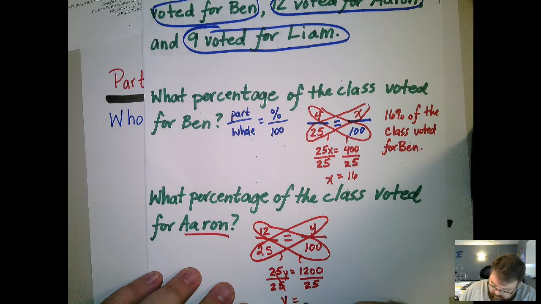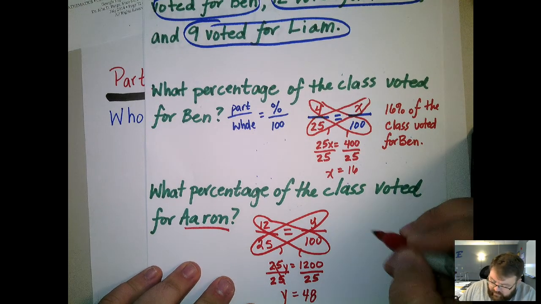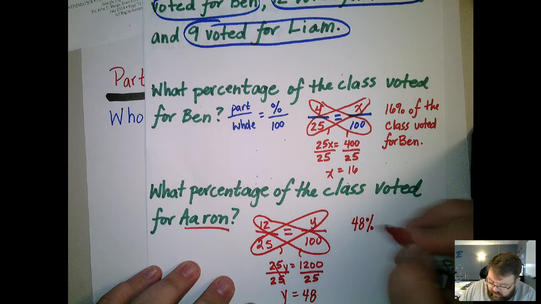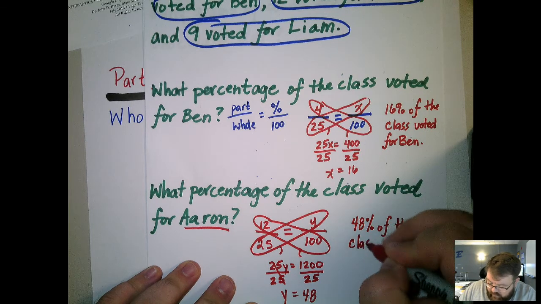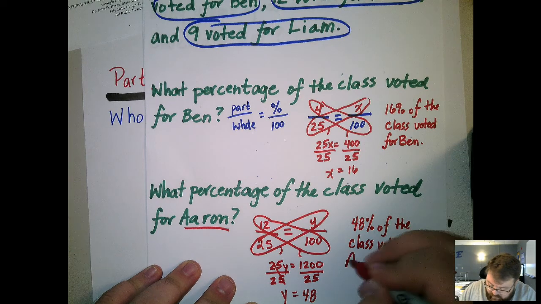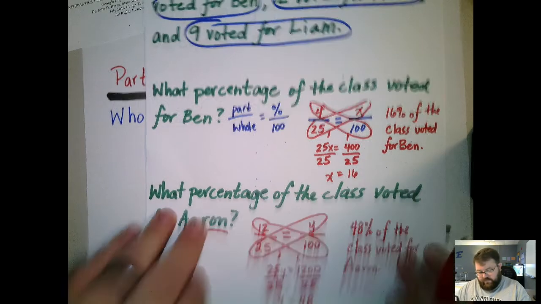And 1200 divided by 25 is 48. Now what does that mean? That means 48% of the class voted for Aaron. Okay, good.